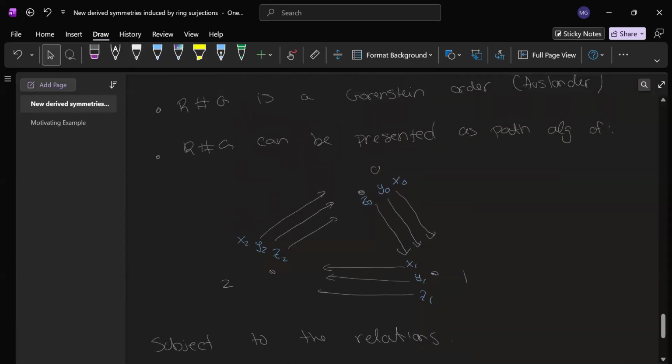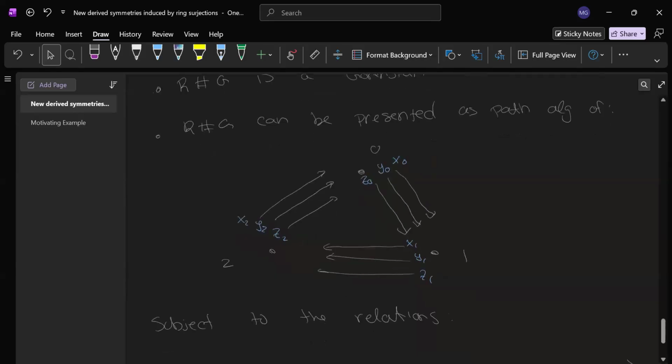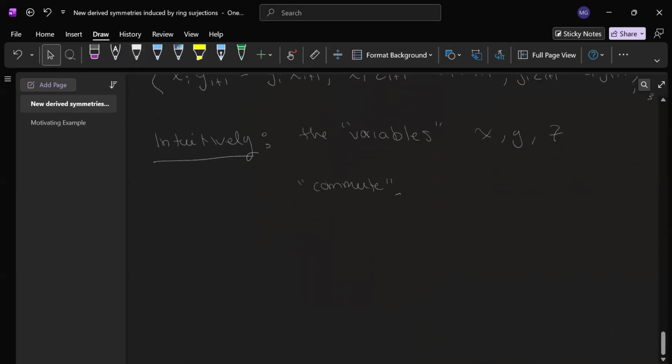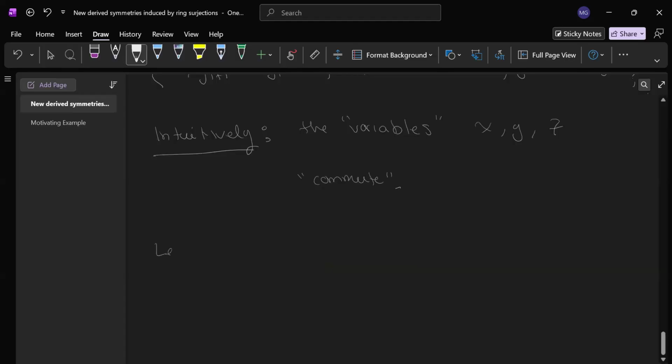So the skew group algebra looks like this, and what we can do is look at the quotient algebra of this algebra by each of the vertex idempotents. So we can let B_i be this quotient algebra of the skew group algebra by the idempotent e_i.